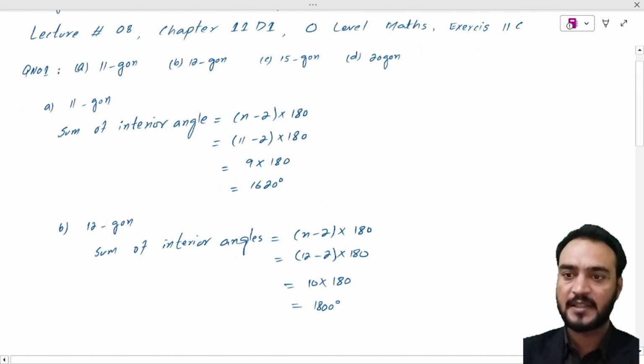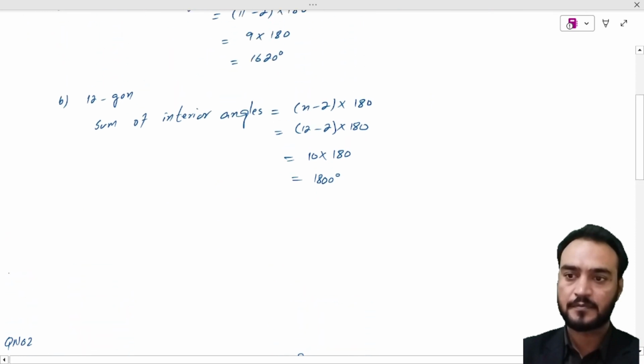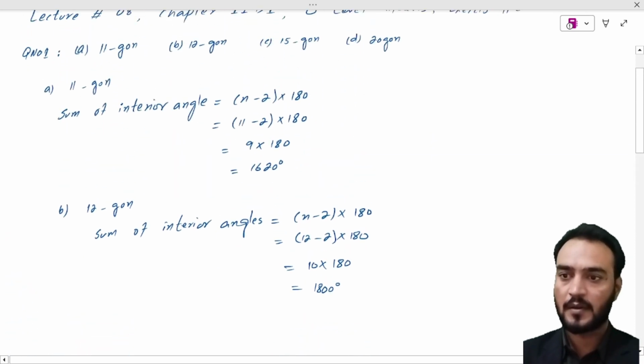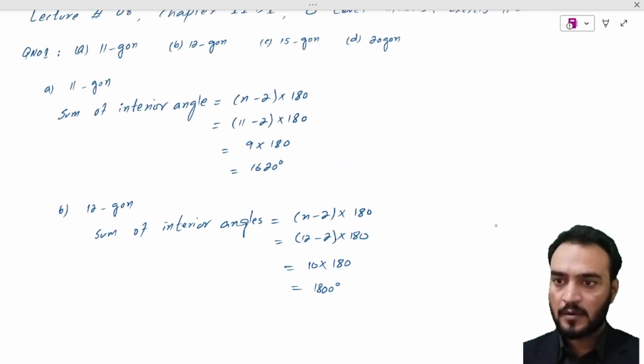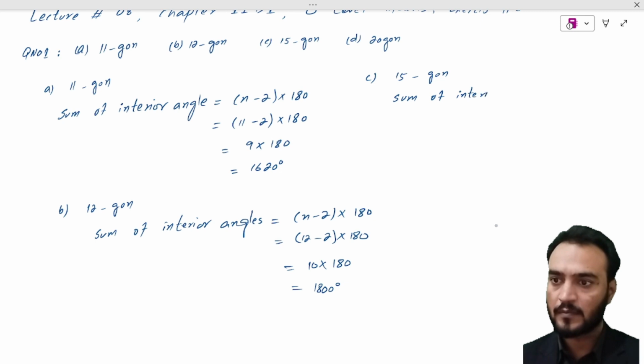Now the part C is 15-gon. So sum of interior angles is equals to n minus 2 times 180.